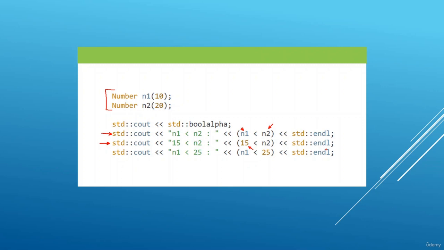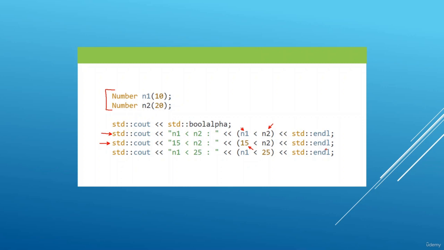One possible way to make this work is to explicitly cast this 15 to a Number. We can do that, and that's going to work. But that's going to make our code ugly and hard to work with, especially if your users are doing this many times in their program. You don't want them to do a lot of static casts.